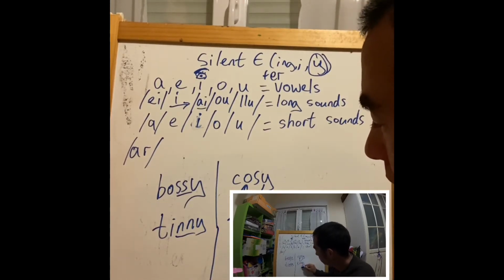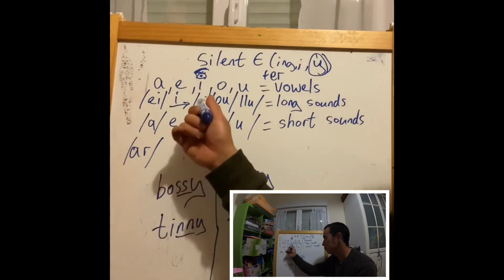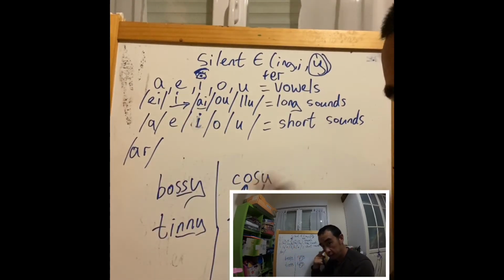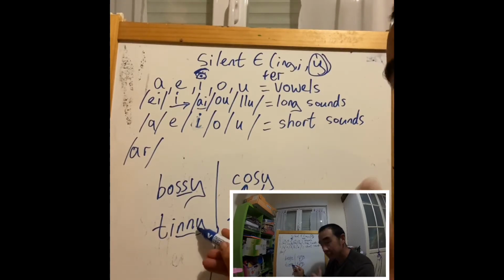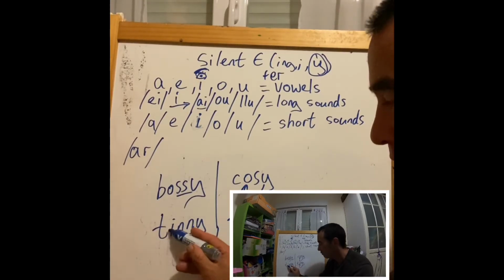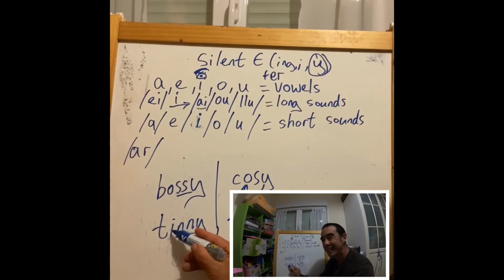Here, this Y is affecting that vowel there and making it into the longer sound, which is I, tiny. Whereas here, the double consonant means that this Y can't affect this vowel here, and so this is E, tinny, tinny.